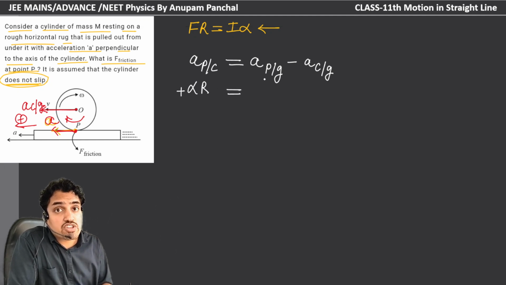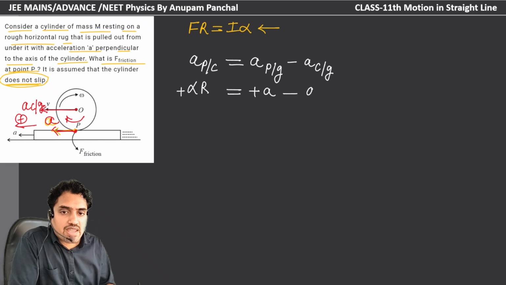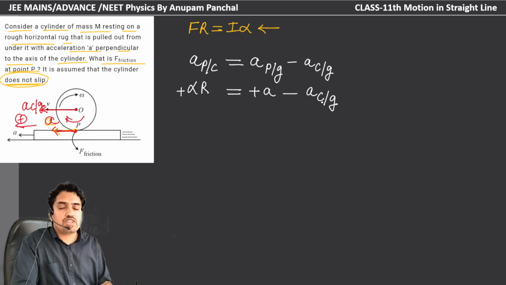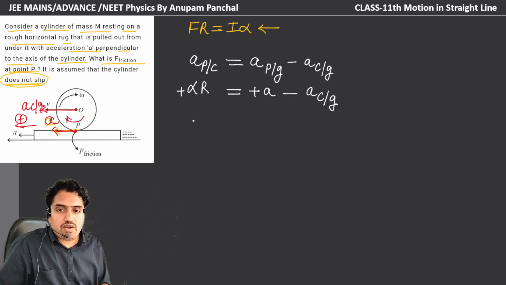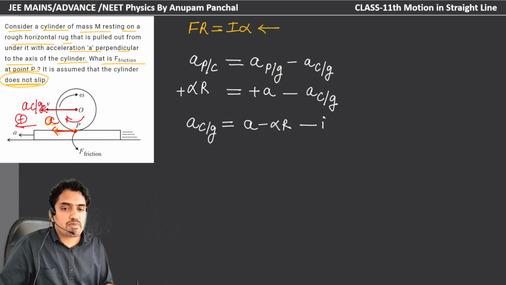Now the acceleration of point P with respect to ground is a, and it is also positive because we are considering the backward direction as positive, minus the acceleration of the center of mass with respect to ground, which we need to find. From this equation we can find the acceleration of the center of mass with respect to ground, and it is a minus alpha into r. That is our equation number 1.